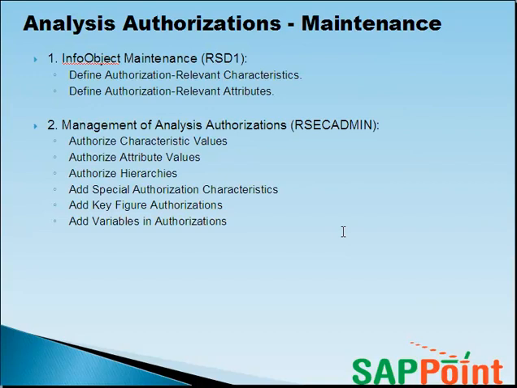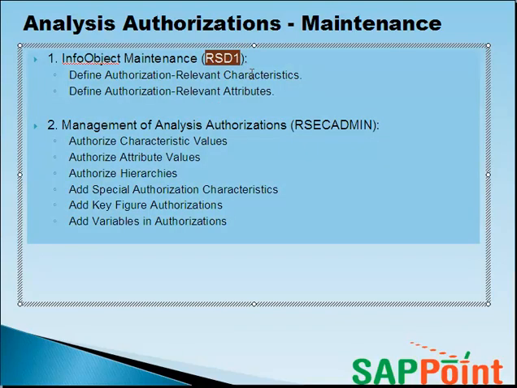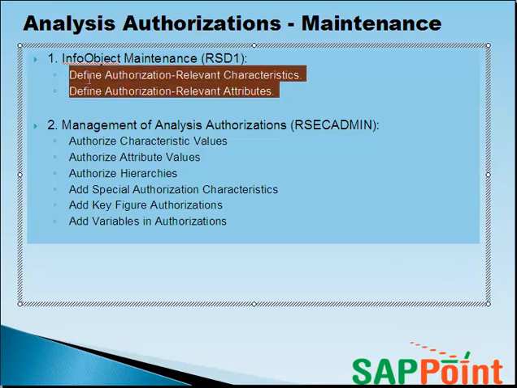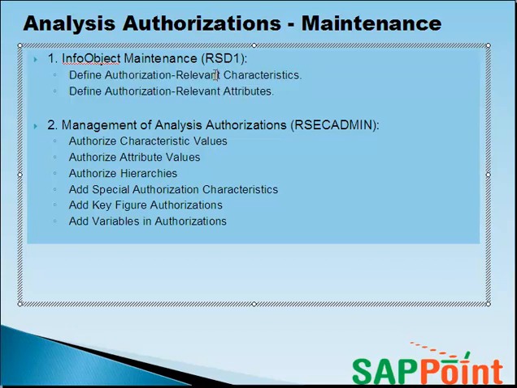Now you'll have maintenance. You can use the transaction RSD1 to make all the characteristics and navigation attributes authorization relevant. To make any characteristic or info object authorization relevant, you can use the transaction RSD1. And to build analysis authorization and manage it, the transaction code you use is RSECADMIN.